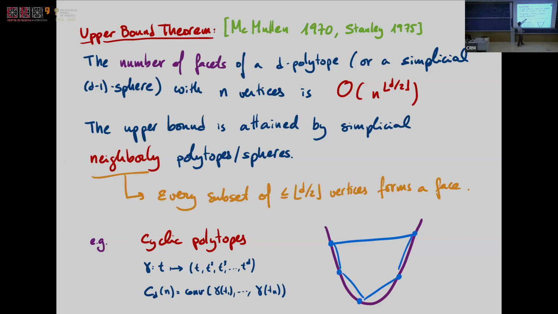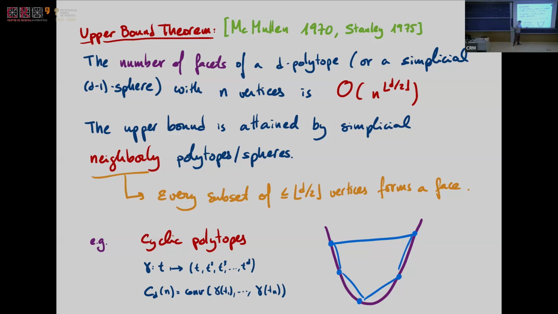If you want to construct one such polytope that has the maximal number of faces, which is neighborly, you can do it this way. Take what we know as the moment curve, which is t, t squared, t to the 3, t to the 4, etc., take n points on this curve, and take the convex hull. You'll get a polytope which will always have the same combinatorial type.